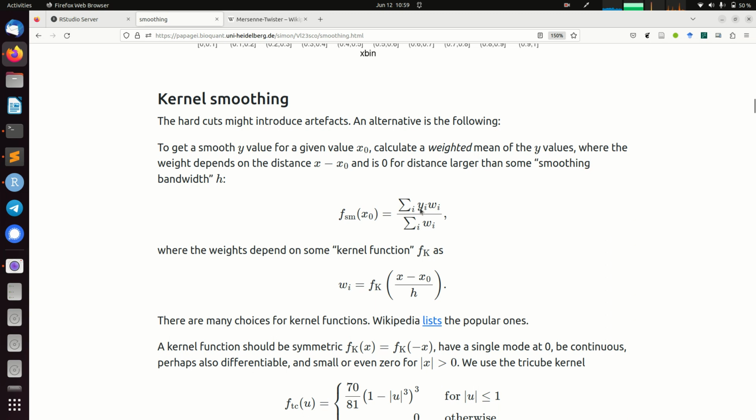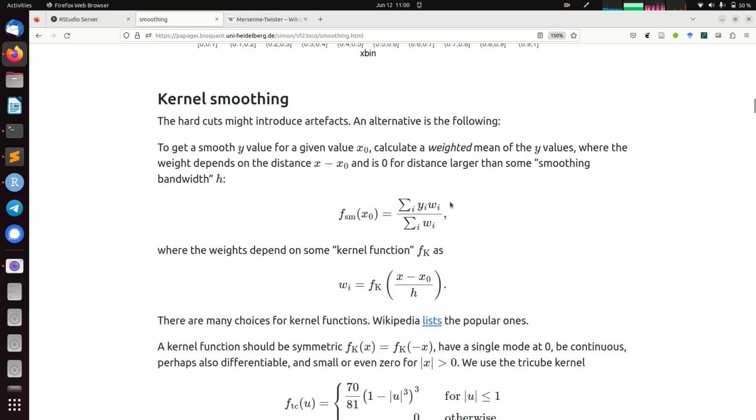The way we get this y value is that we average over the points in the vicinity of x naught. In the simplest case, we could take all the x values between x naught minus 0.05 and x naught plus 0.05 and take the mean over this.